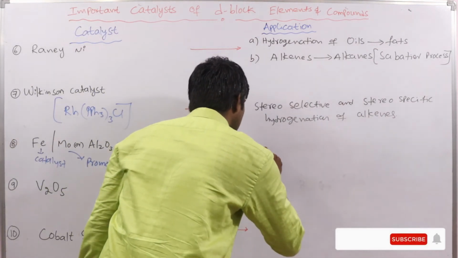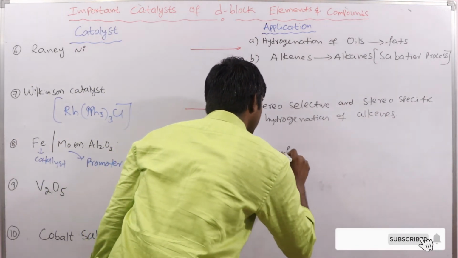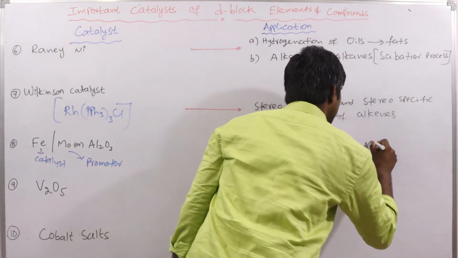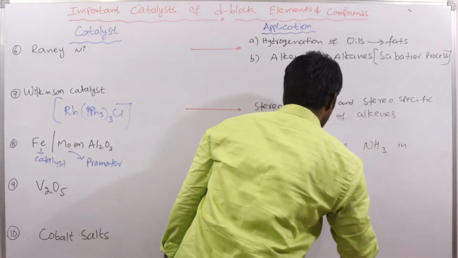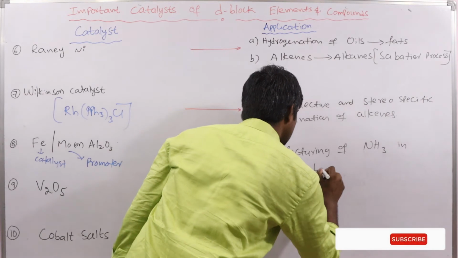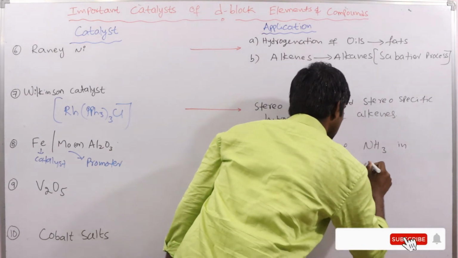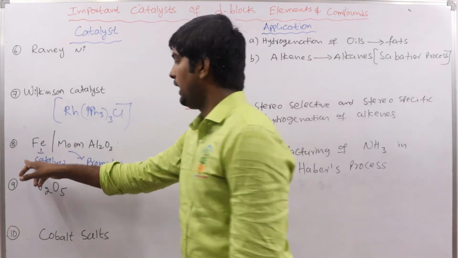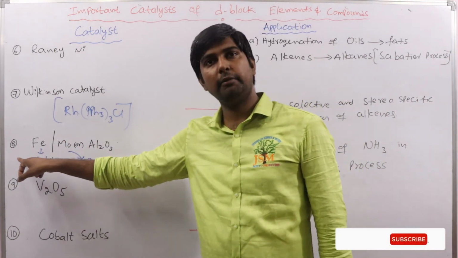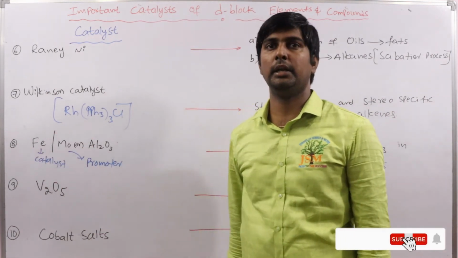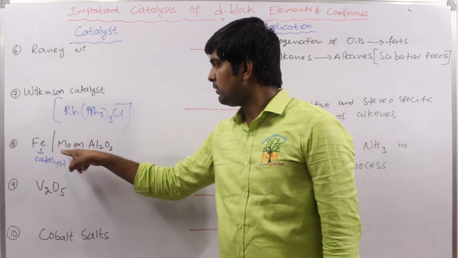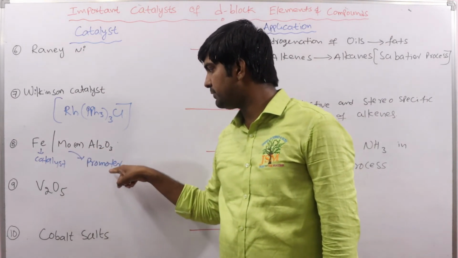It is used in manufacturing of ammonia in the Haber's process. Here iron is the catalyst. Finely divided iron powder is used as a catalyst, and molybdenum or alumina. Especially here molybdenum is used as a promoter.